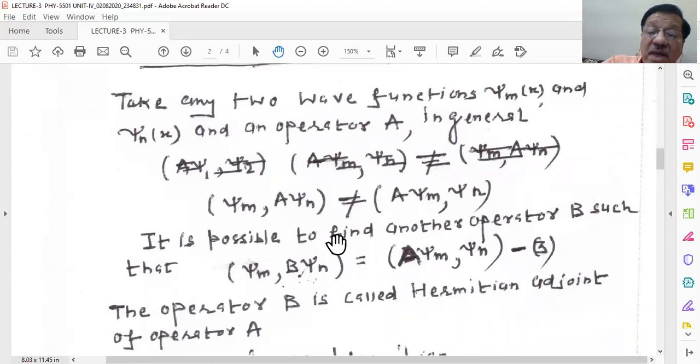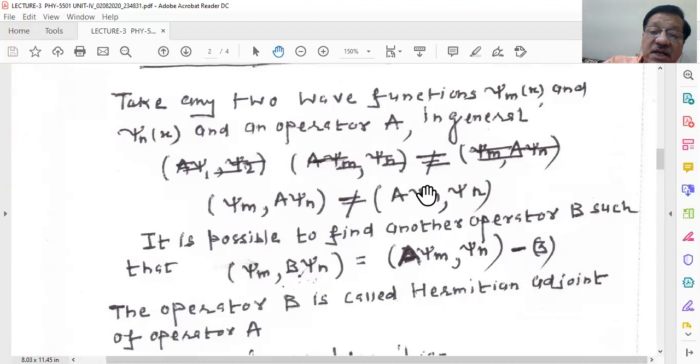But there could be another operator B such that if you write the scalar product of psi m with B psi n, where here you have an association of operator B with psi n, just as I have associated operator A with psi n before, in that case this product gives you the value of the scalar product of A psi m with psi n.